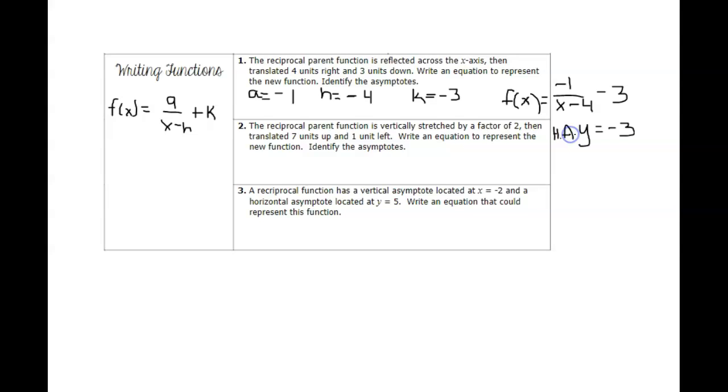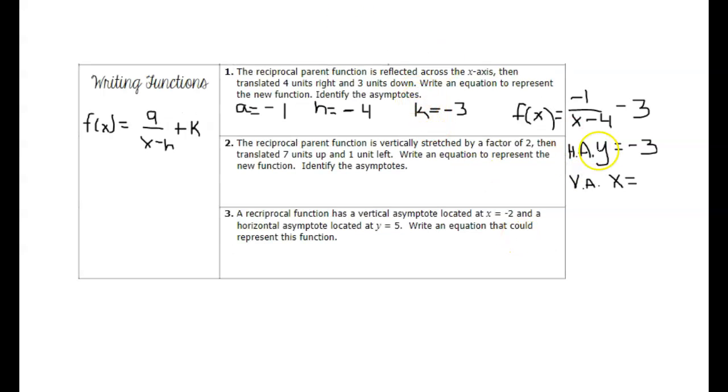And my vertical asymptote is determined by my h value. My h value is negative 4, so my vertical asymptote is at x equals 4. Be careful with your sign here, because I know that h is negative, but remember it does the opposite effect.